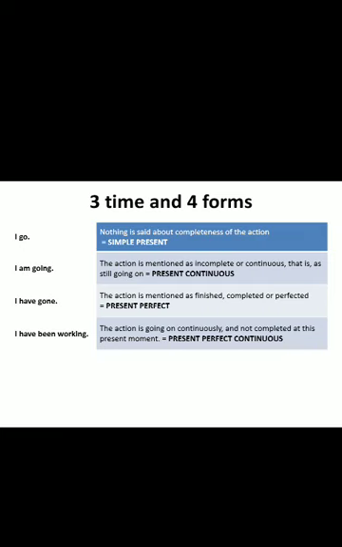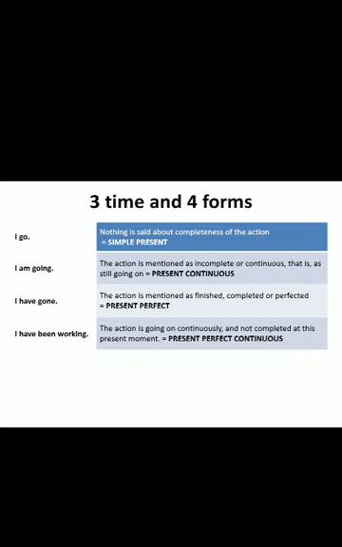But tense also describes how far the action or event has gone through, or in other words, whether the action or event is continuing or is completed. So these tenses we can discuss in four forms.